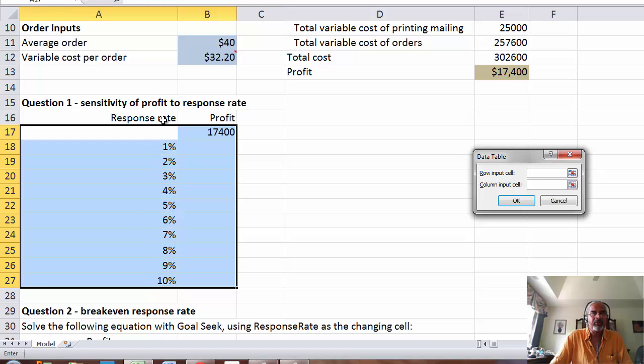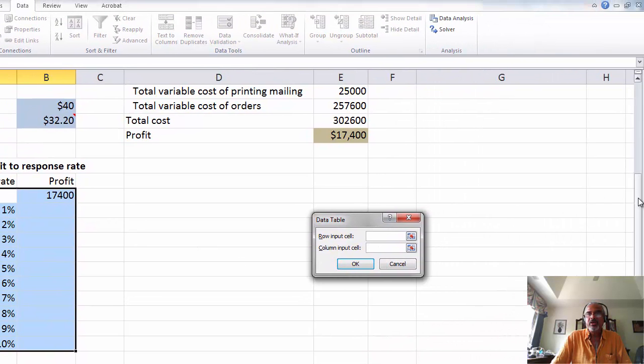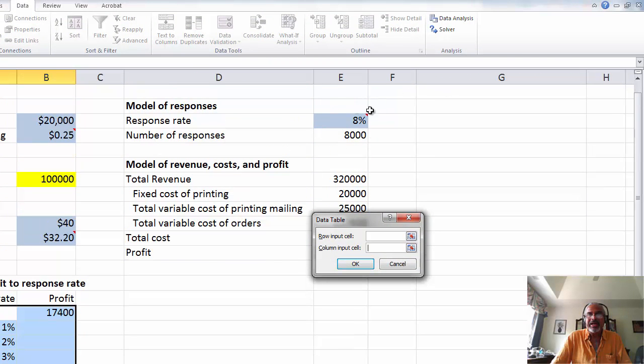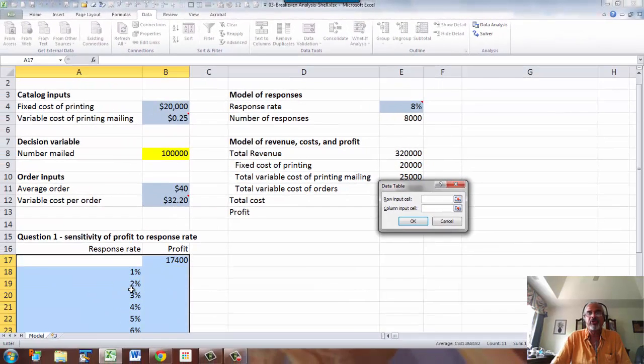Input values here for the response rate are set up as a column. So this needs to be a column input. If you had it this way, then it would be a row input cell. But here the inputs are organized as a column, so it is a column input cell, and these different response rates must go into that cell for the model to recalculate new profit for those different response rates. So that is where the input values should be entered.